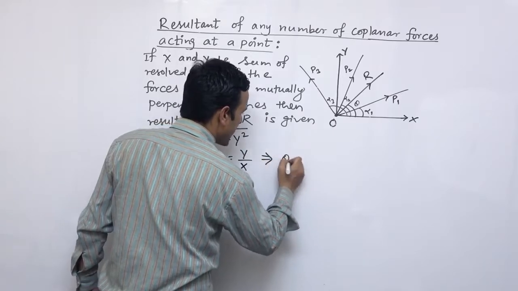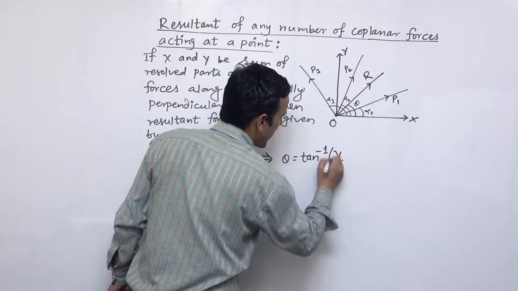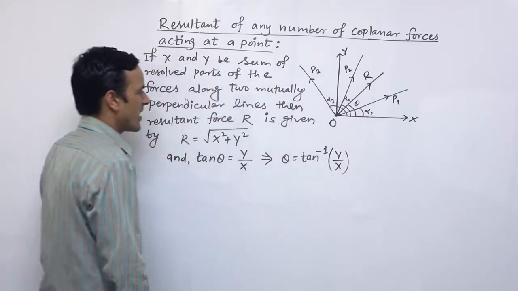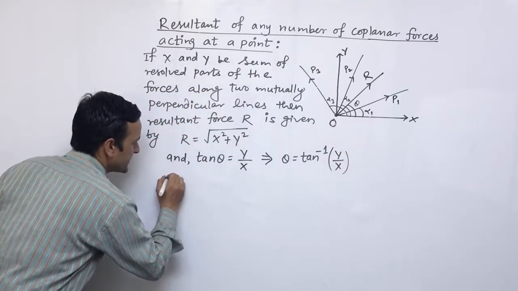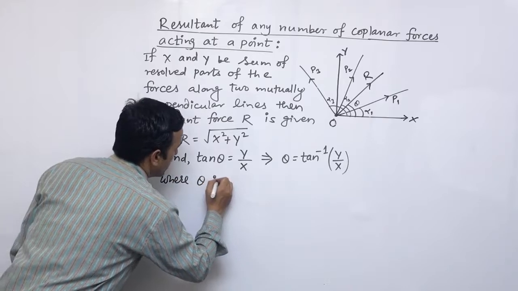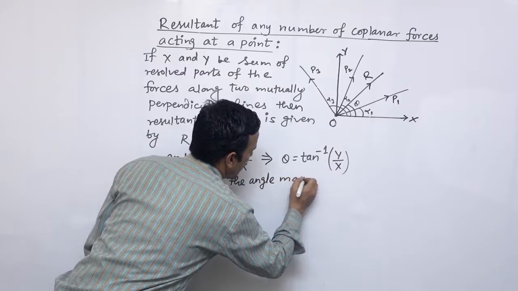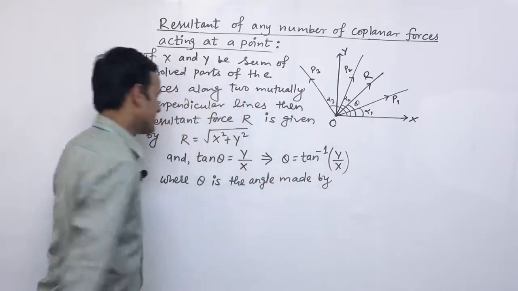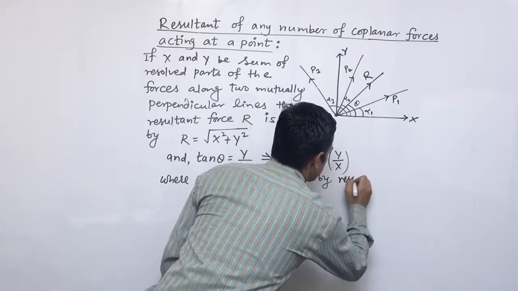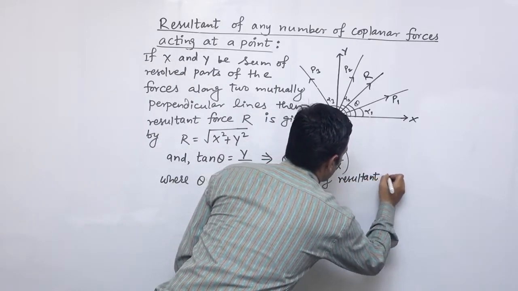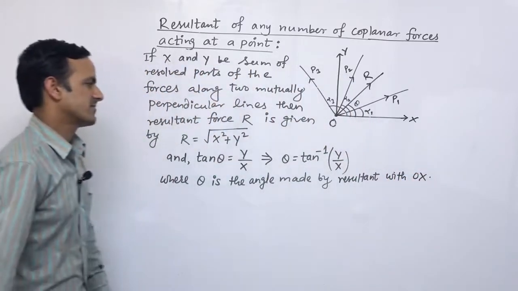So this implies that theta is equal to tan inverse y by x, where theta is the angle made by resultant with x-axis भनेको OX.